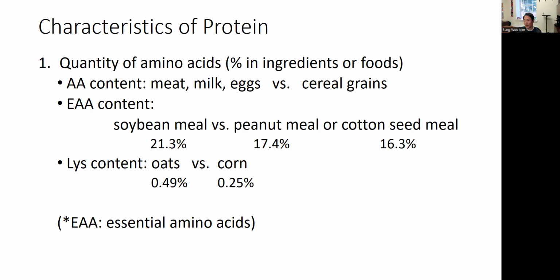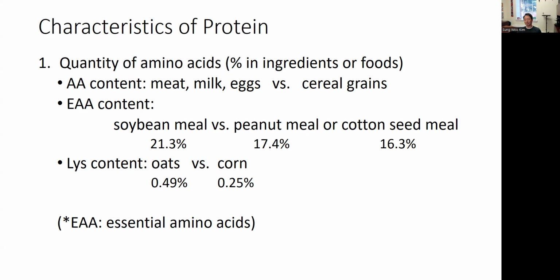Those are sources that provide a good amount of starch. Right? It has a low protein, but if you look at the specific content of lysine within that protein, in the whole oats and whole corn, oats has a lot higher lysine compared to corn. So in terms of lysine content, oat is better than corn, right?